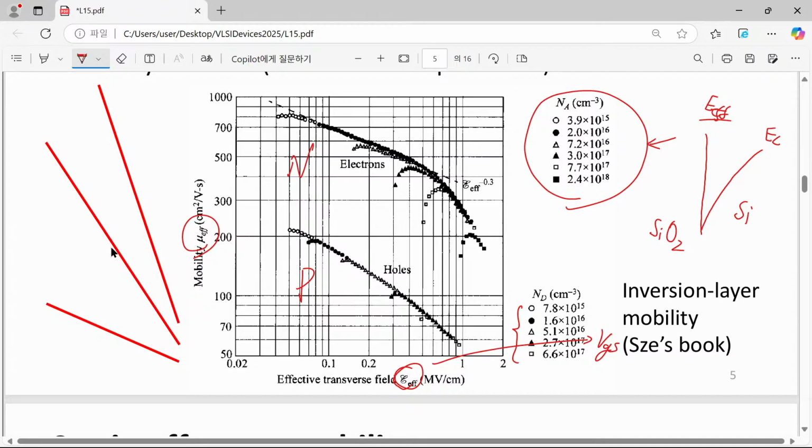Since they all share the same physics, their generated electronic states are the same. That's the reason why, although they are fabricated by all different companies, they share the same form.